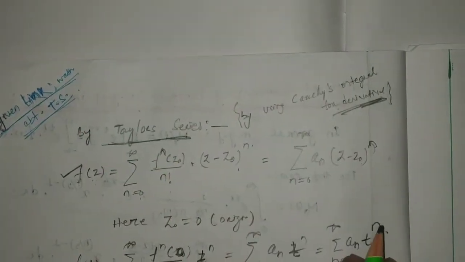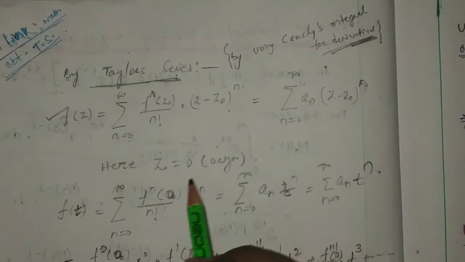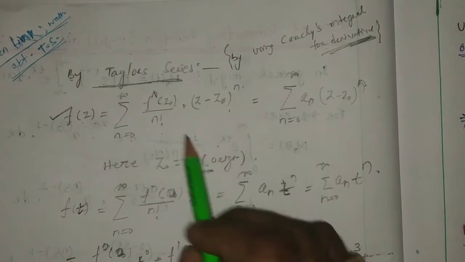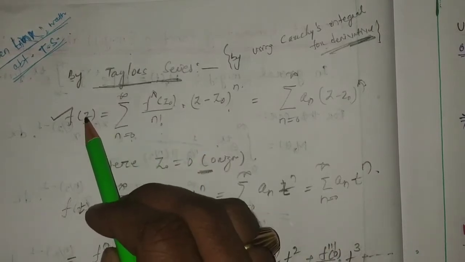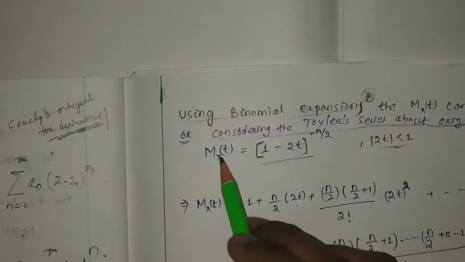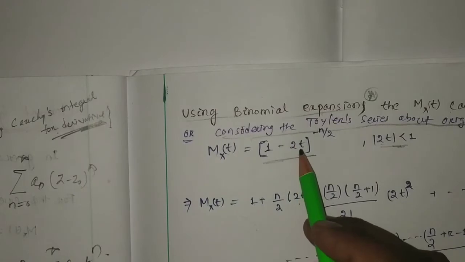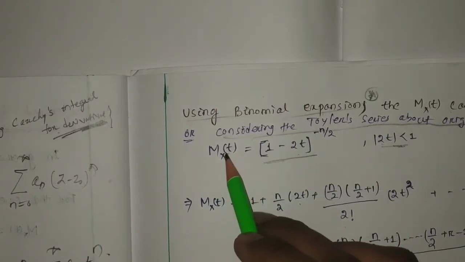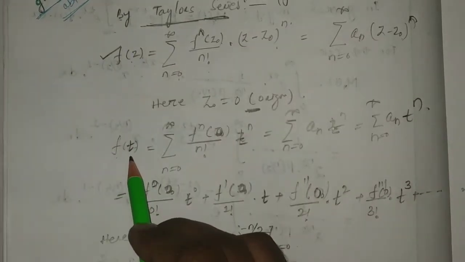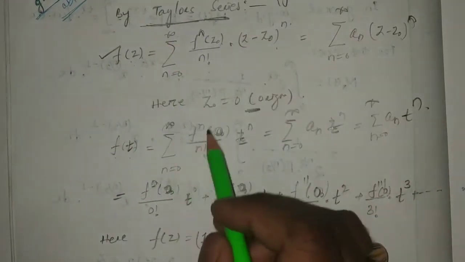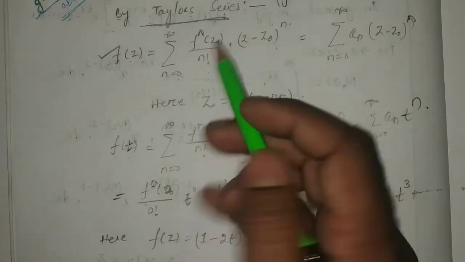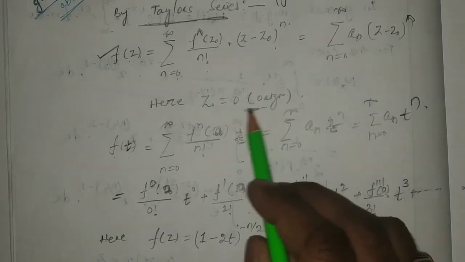Okay, so here if z0 is the point at the origin, and the function f(z) becomes a function of t, the moment generating function M_X(t), then instead of z we write f(t). Here, instead of z0 we have to put 0, because we are considering the origin, right?